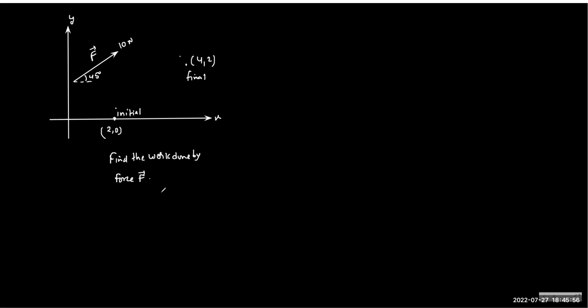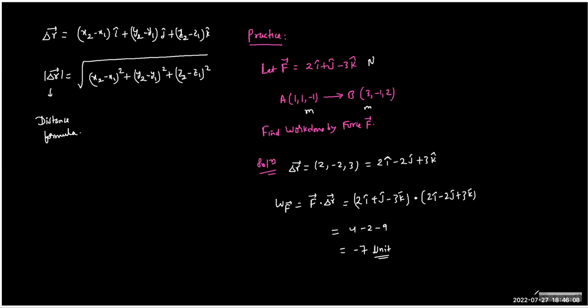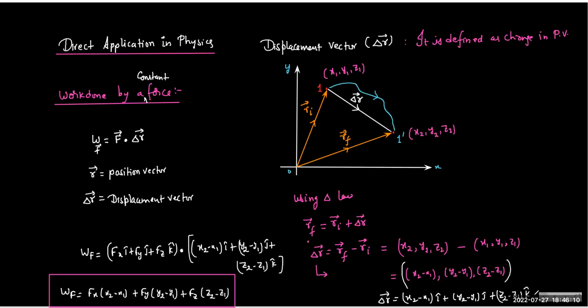I had a doubt. Dot product gives us a scalar quantity. How will that work with a vector quantity? You can see in the last answer we have numbers. Fx is a number. So we don't have i and j and k, right? i dot i is what? 1. j dot j is 1. k dot k is 1.